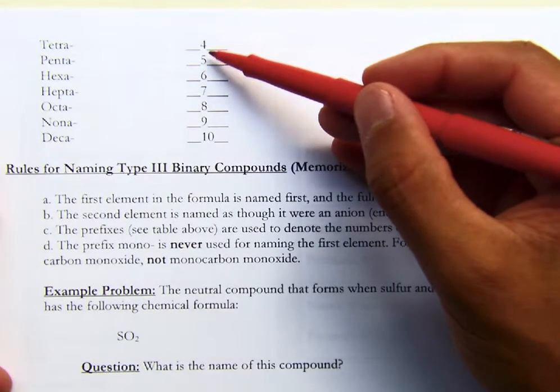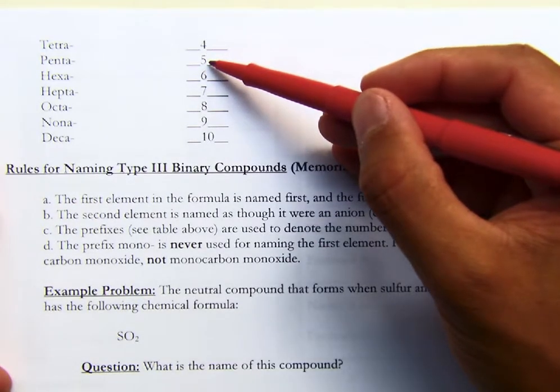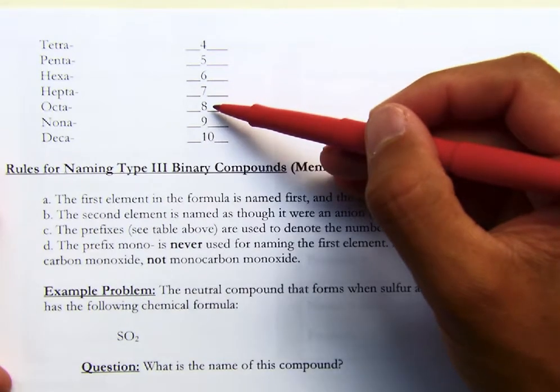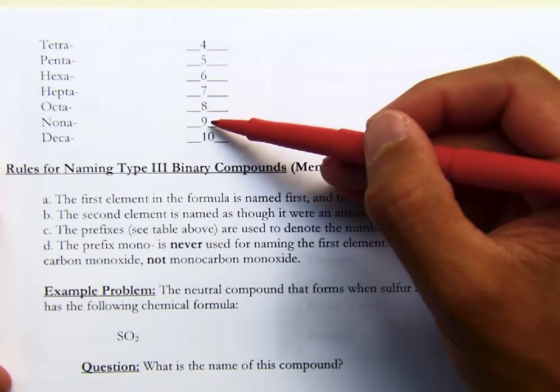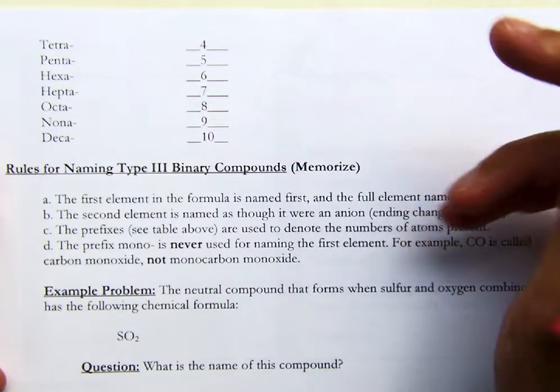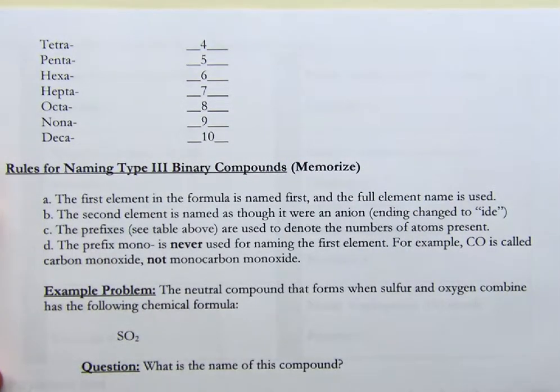Tetra is 4, penta is 5, like a pentagon, pentagram. Hexa is 6, hexagon. Hepta 7, octa 8, octagon, octopus. 8 sides, 8 tentacles. Nona is 9, and deca is 10, like decade. Okay, so those prefixes are used to tell you how many of each element you have.